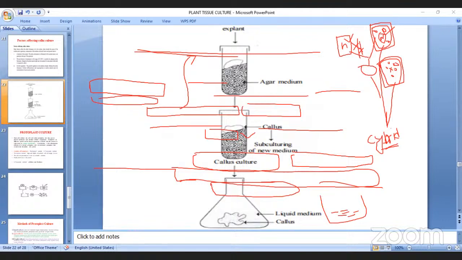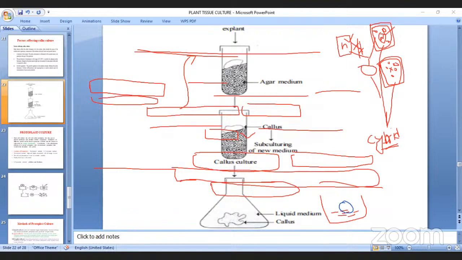What happens if a normal storage cell is placed in high concentration? Here the liquid concentration is high, but the cell concentration is low. What happens? Does the water flow inside the cell or outside the cell?